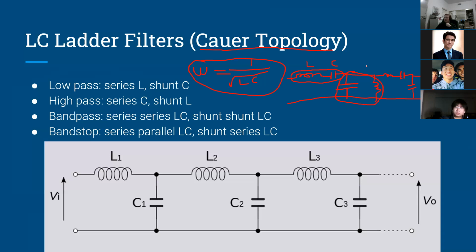Yes. So always remember that parallel LC goes to infinity and series LC goes to 0. That's very important, and that'll tell you how to construct these filters as well. So for a band stop, we just replace the series LC with the parallel LC and the shunt parallel LC with the series LC.